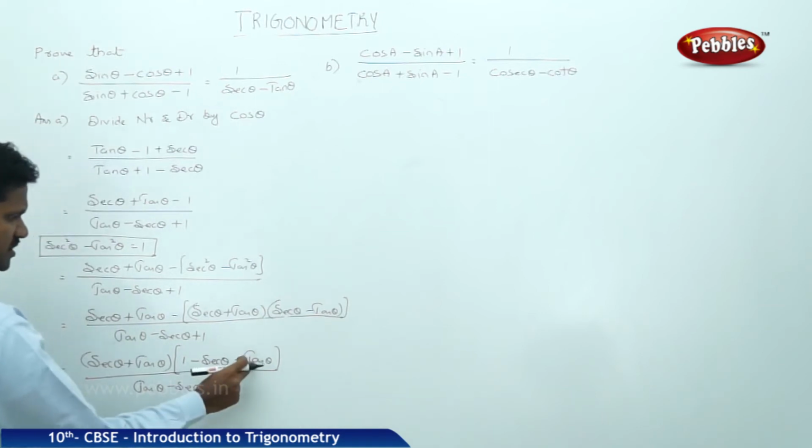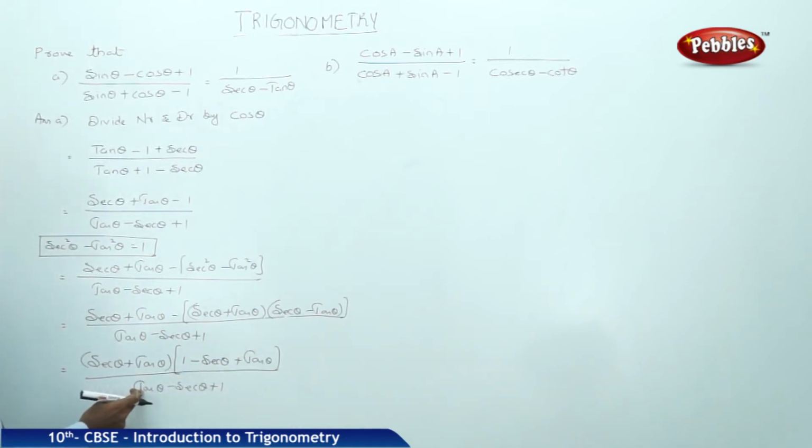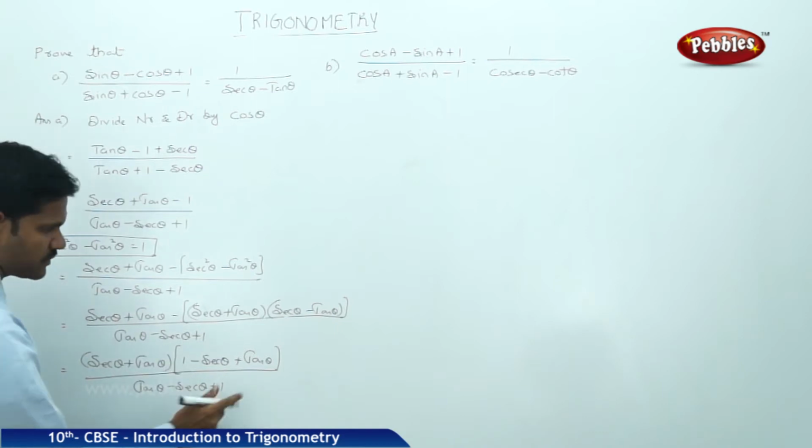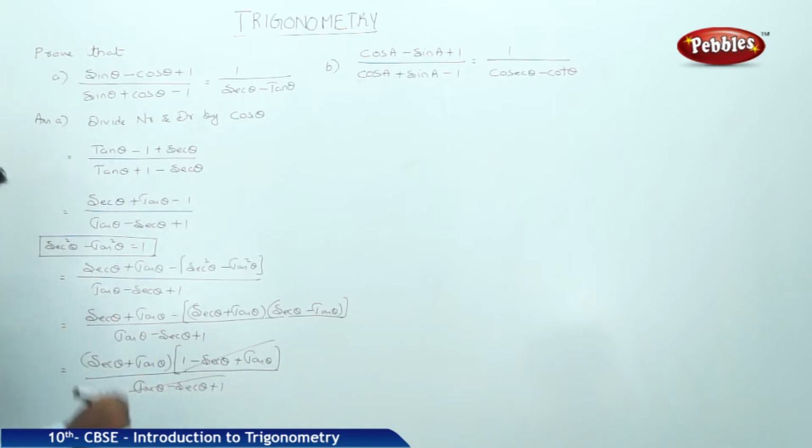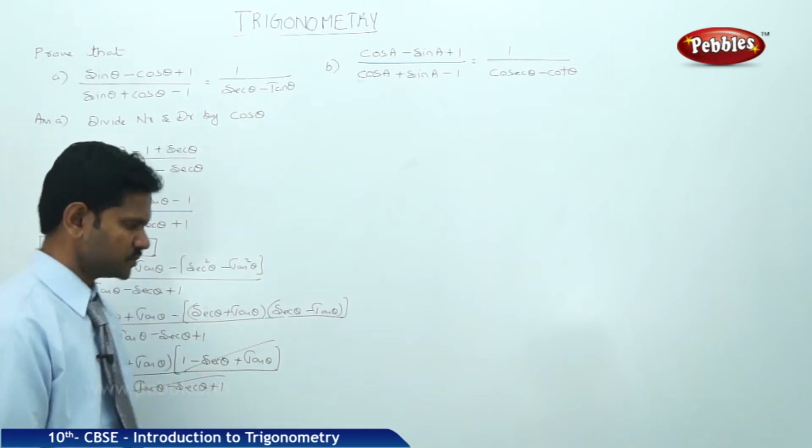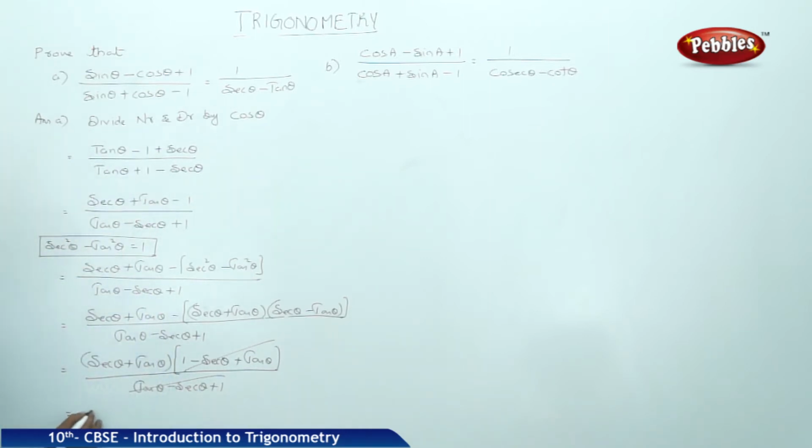Now see, plus tan theta minus secant theta plus 1, both parts are cancelled. Now the left part is secant theta plus tan theta.